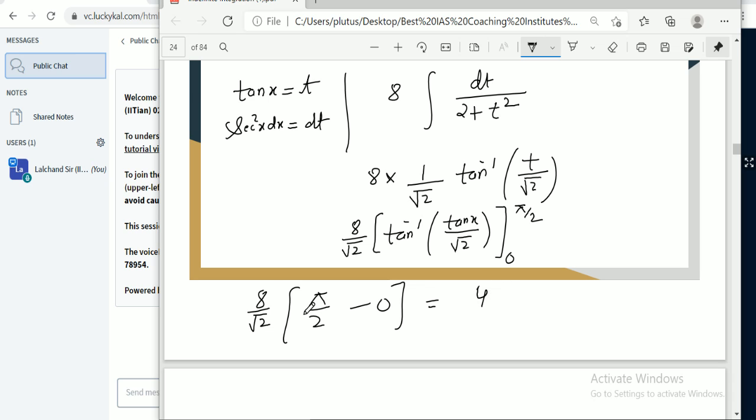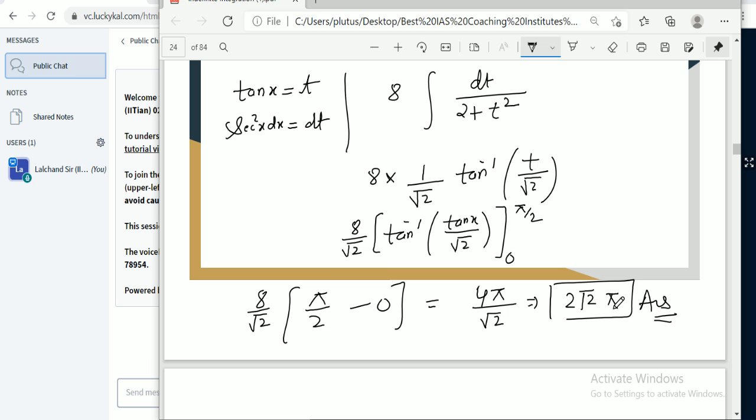We have 4, this gets cancelled, 4 pi upon root 2. If you rationalize this, then we have 2 root 2 pi. This is the final answer for this question. Okay, so I think this is clear to you. Is there any doubt in this question?